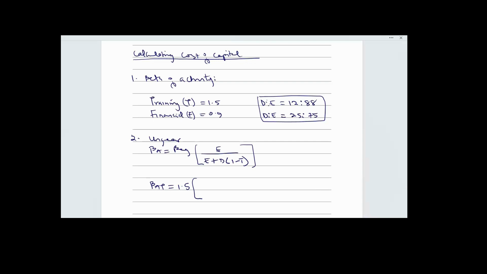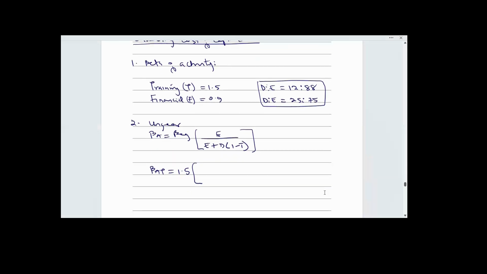Is it training that is 12? Yes, training is 12, then equity is 88. So since debt value is 12% for training services, then equity will be equal to 88.